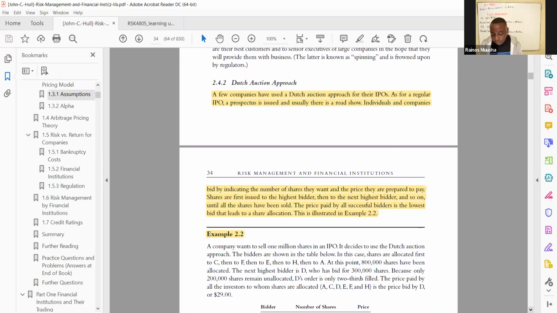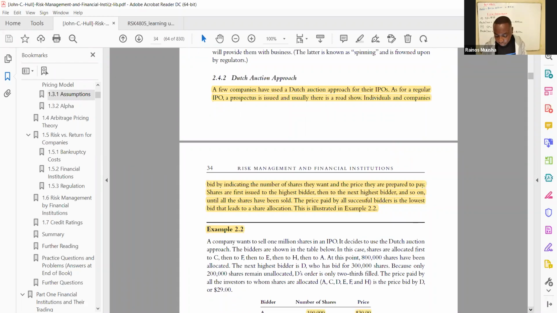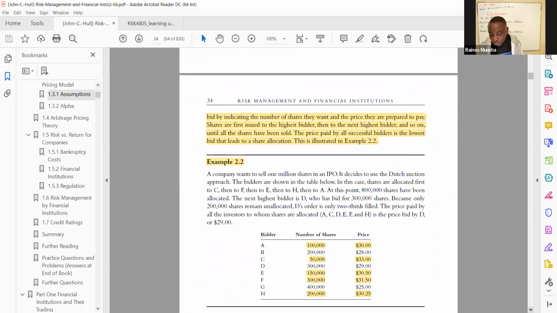Shares are first issued to the highest bidder, then to the next highest bidder, and so on, until all the shares have been sold. The price paid by all successful bidders is the lowest bid that leads to a share allocation. This is illustrated by example 2.2.